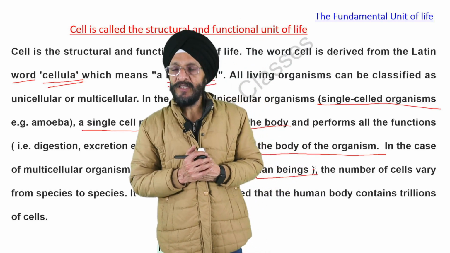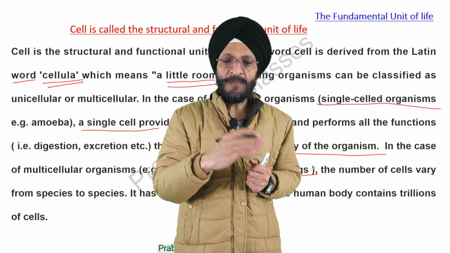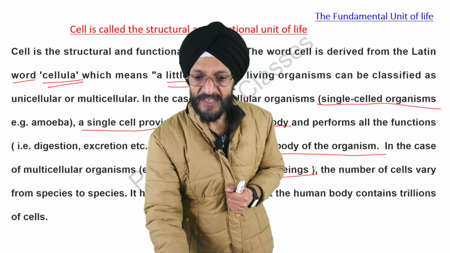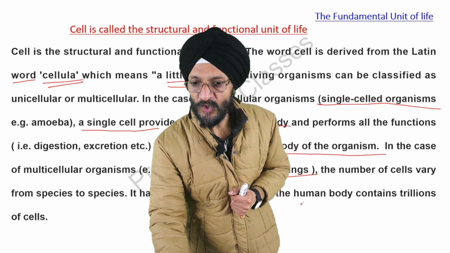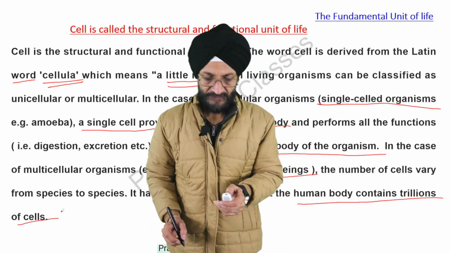The number of cells varies from species to species. It is approximated that the human body contains trillions of cells.